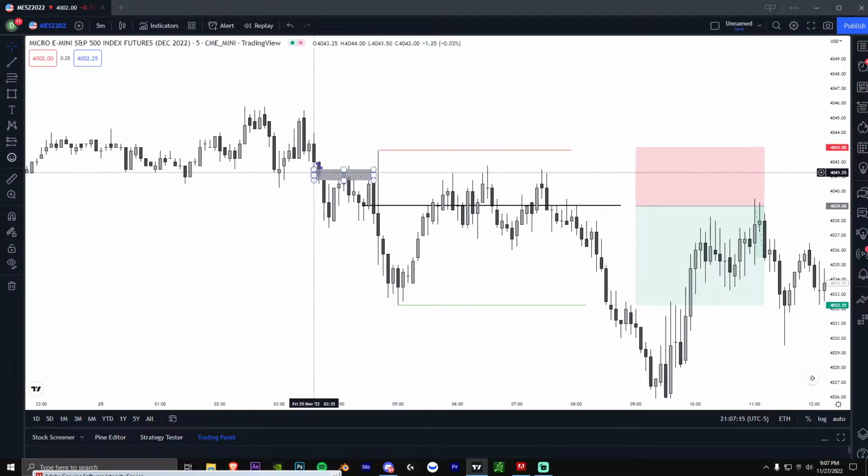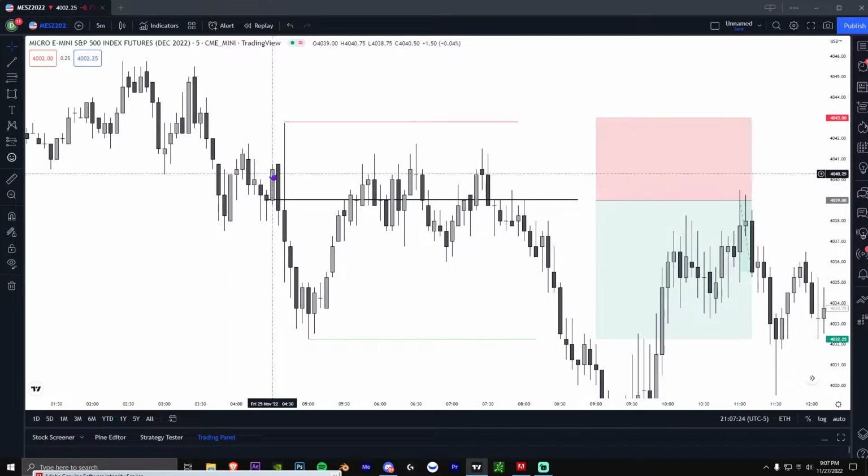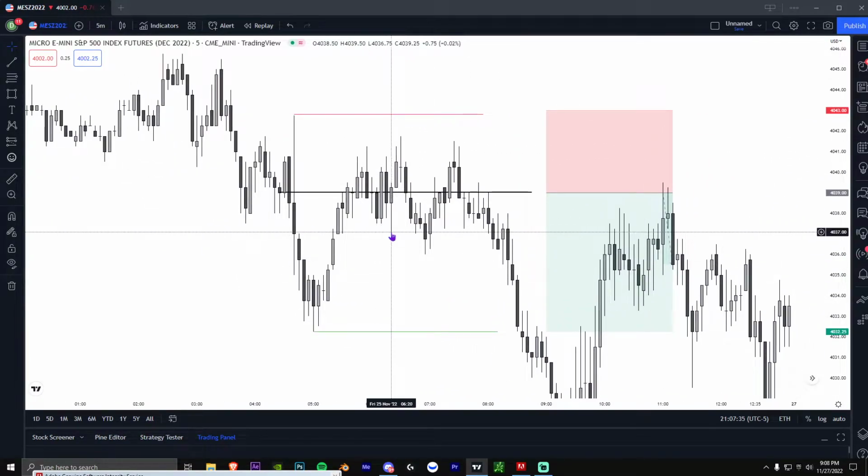There are probably so many leftover orders in the fair value gaps that it's unlikely to reach that point anyway. You can see this green candle before these 4 down moves is a pretty significant order block. The chance that it's going to break through this order block and go to this swing high is very unlikely. So that's why your stop loss should be above an order block or a fair value gap.